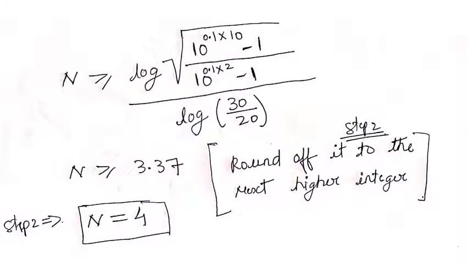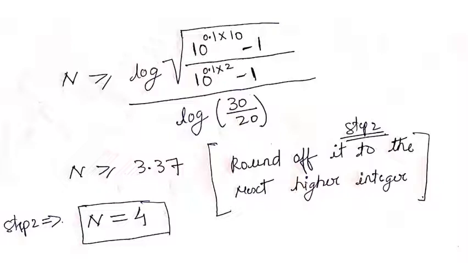Once you have noted down the formula to compute the order, the next step would be to substitute the variables in the formula. So in the formula, you have to substitute the values for alpha s, alpha p, omega s, omega p. After substituting these values and simplifying, you will get value of n as 3.37.